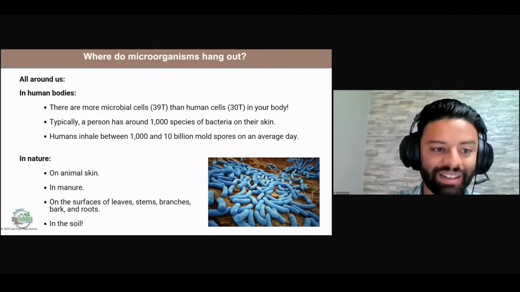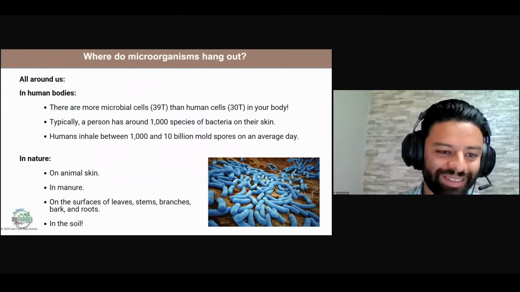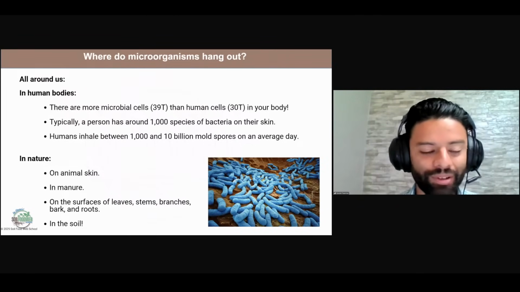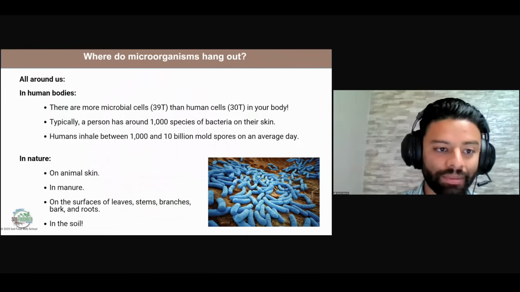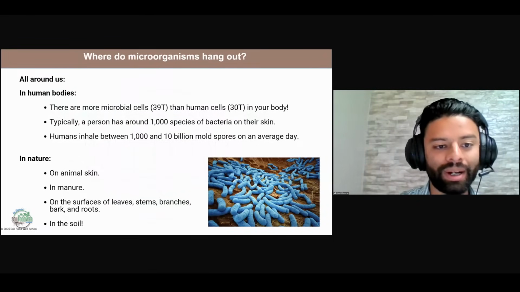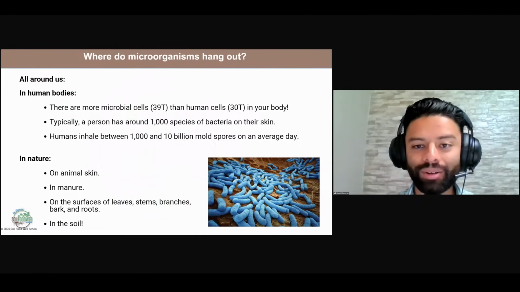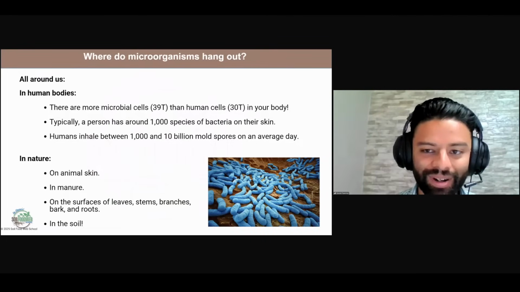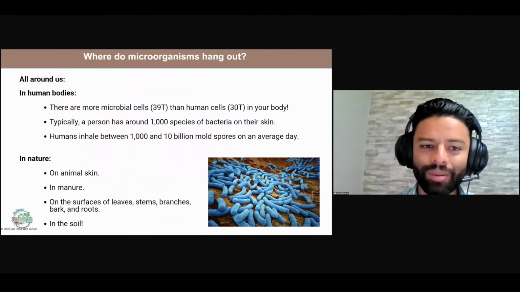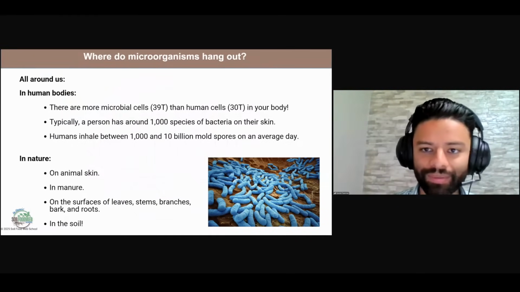Also, the air we breathe is alive as well. It's full of bacteria, full of microbes. Every day, humans inhale about 10 billion mold spores. But all these things should not be scary for us. We've commonly heard you need to wash your hands, you need to be careful of this and that.